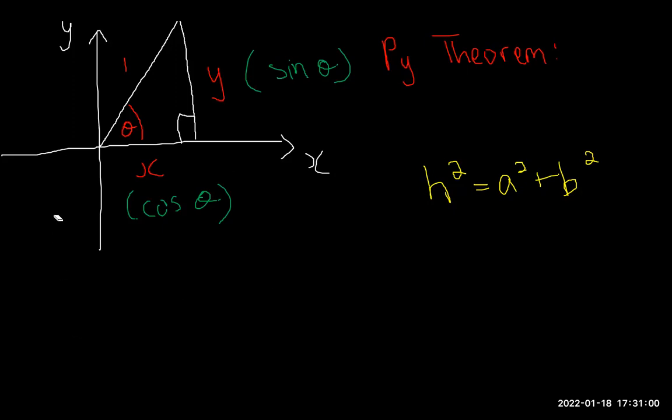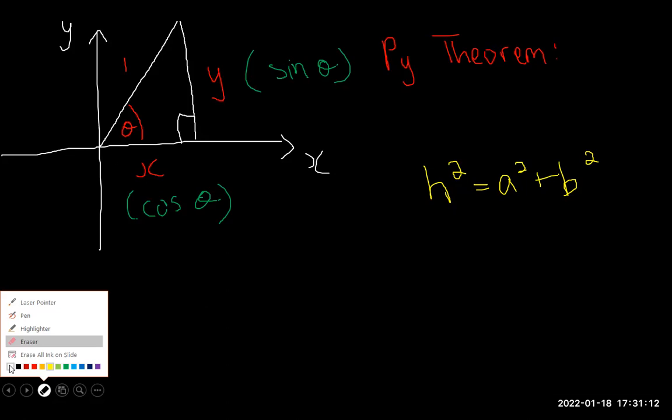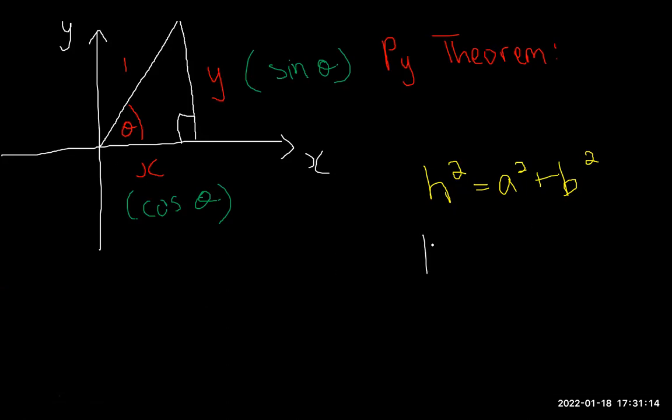Which side is the hypotenuse? 1, y, or x? Well, 1, sine theta, or cos theta? Which one is the hypotenuse? Yeah, it's 1. So that's 1 squared is equal to a, which would be this side. So let me put y squared plus b, this right here.